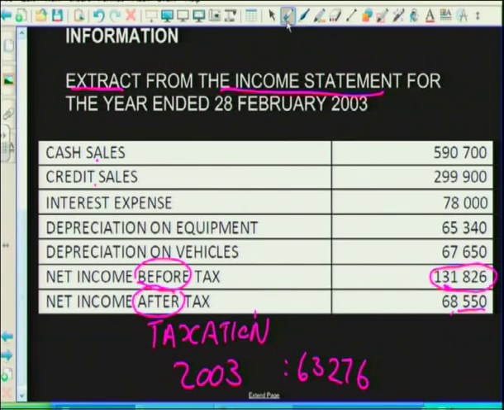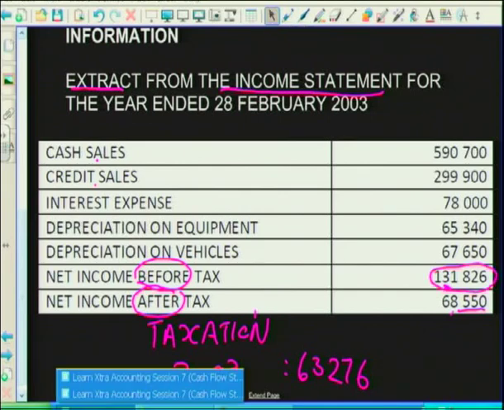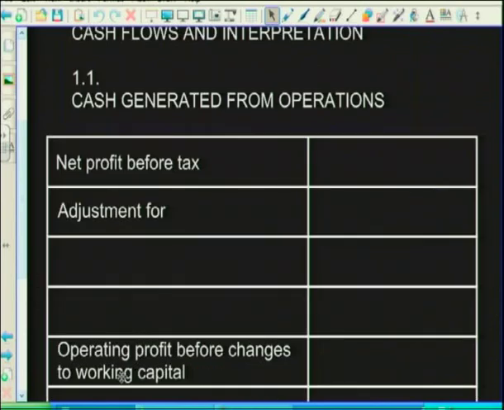So let's take that amount through and fill it in. Net profit before tax, an amount of 131,826.